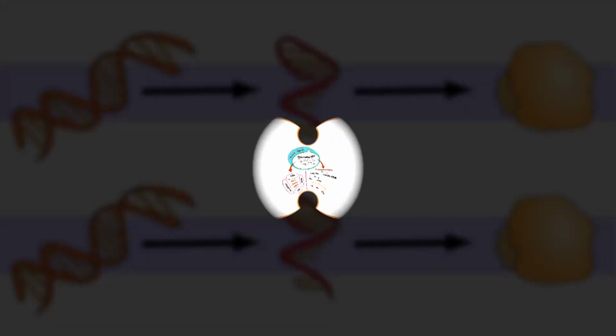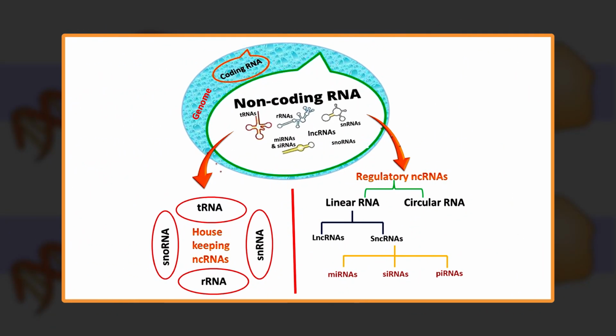In other words, they just go directly from transcription into an RNA molecule and then go off to perform any number of vital functions within the cell. There are many examples of non-coding RNAs, including microRNAs, ribosomal RNAs, transfer RNAs, the list goes on and on.